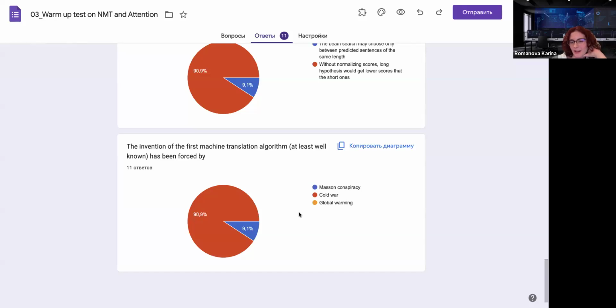The correct answer was about the Cold War. The development of machine translation was driven by the need to automate the translation of Russian text into English during the Cold War era. The goal was to facilitate communication and intelligence analysis between the US and USSR.